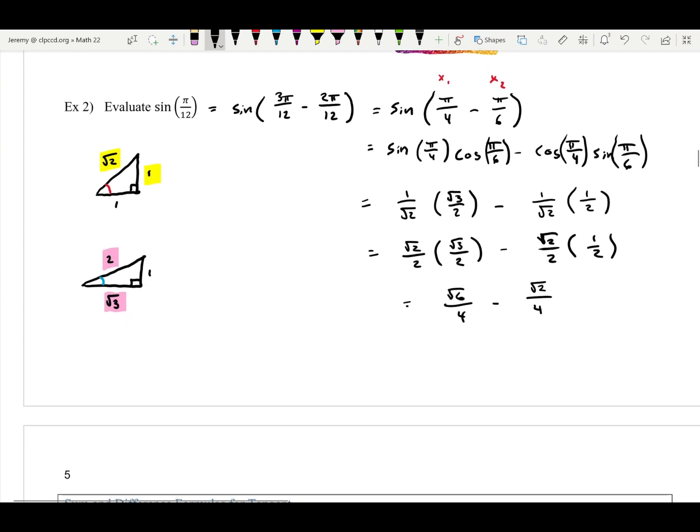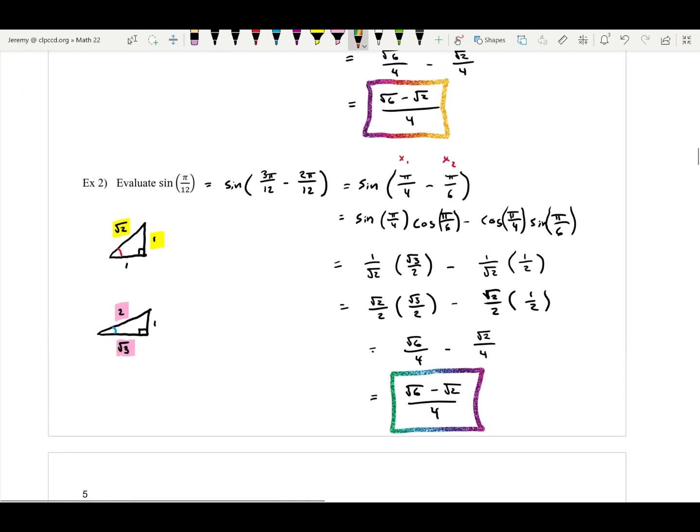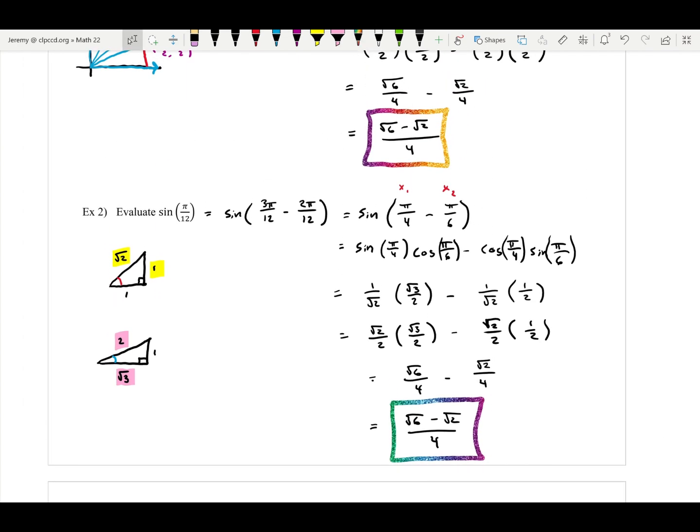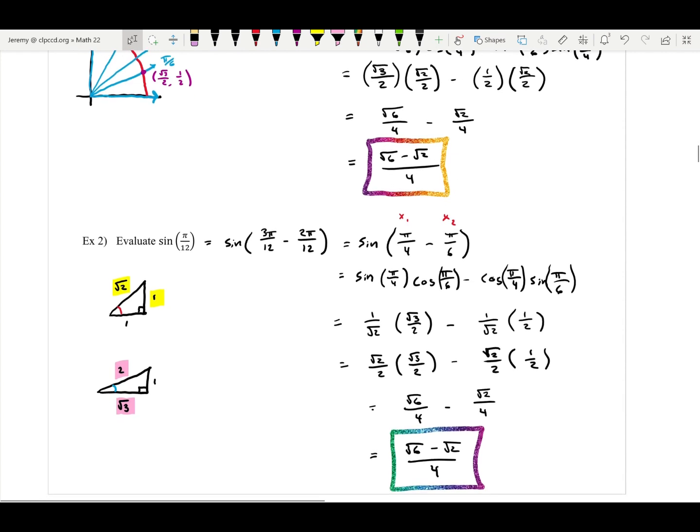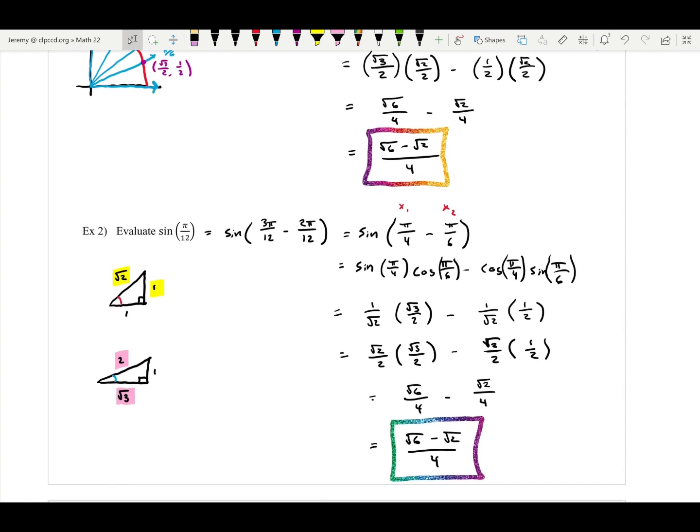So my answer is looking pretty similar to the previous one. This is root 6 minus root 2 over 4, and that's fully simplified. That can be my exact answer. Okay, so we actually got the same value.